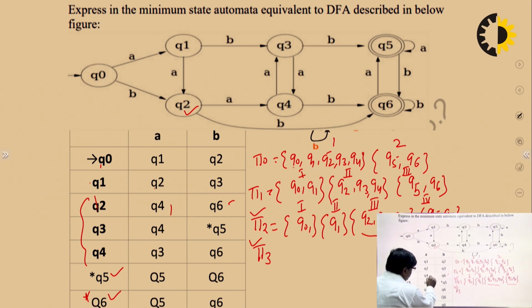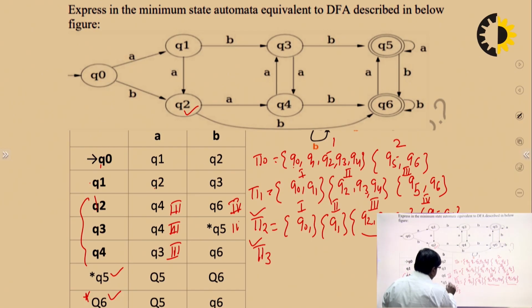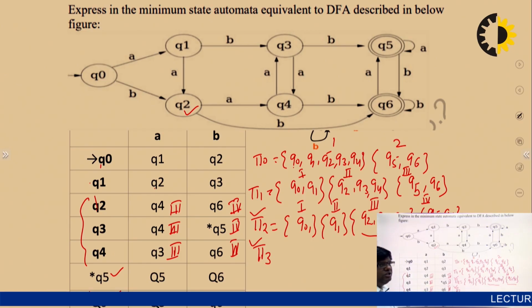Again set number 3. Again set number 3. And Q3 again set number 3. It means these three states again have a similar behavior. Now, checking for the B transition. It lies in set number 4, set number 4, set number 4. It means again Q2, Q3 and Q4 have a similar behavior.